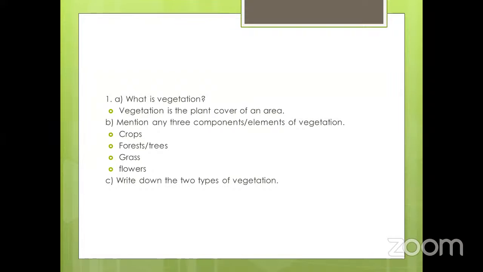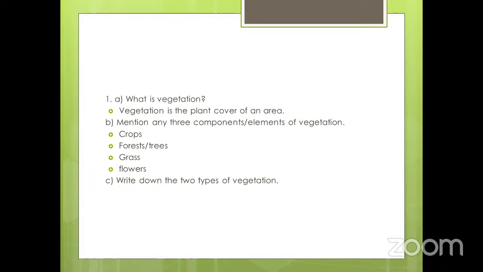You are not so clear, Dan. Write down types of vegetation. Okay, the question is write down two types of vegetation.